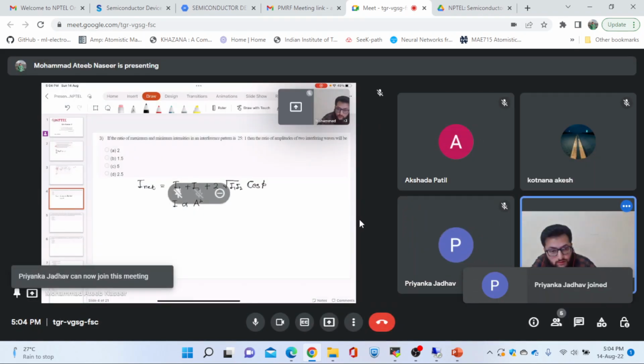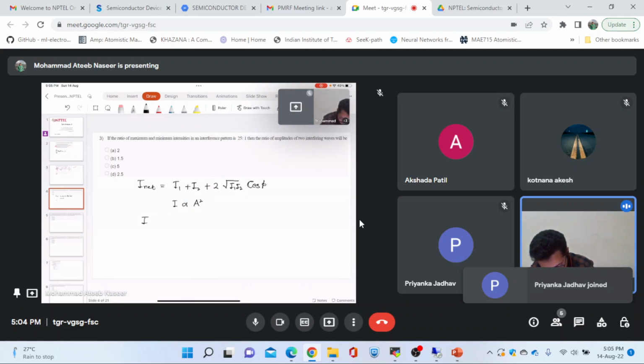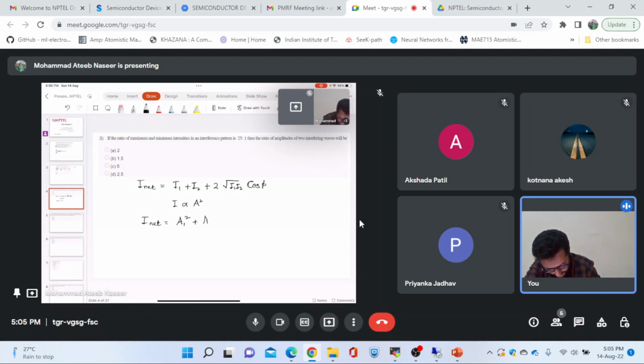So if we now write this intensity in terms of amplitudes, we will write it to be A1 squared plus A2 squared plus 2 times A1 squared A2 squared, all under the square root, cos of phi.